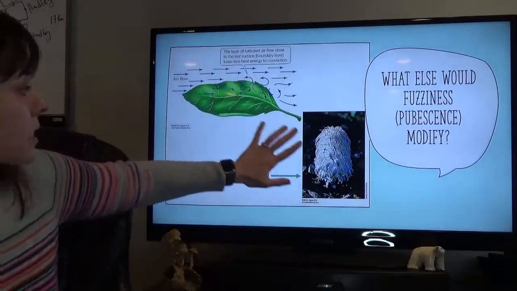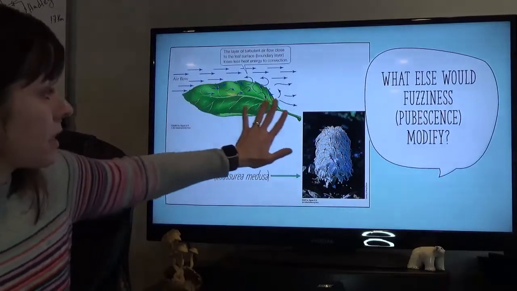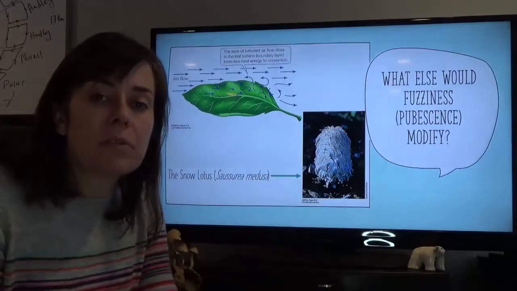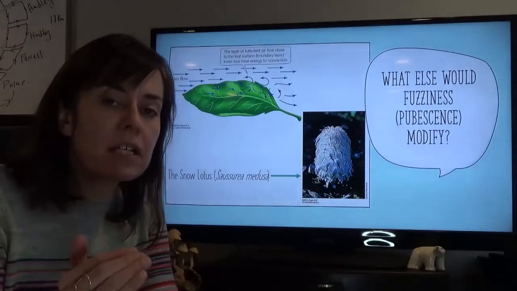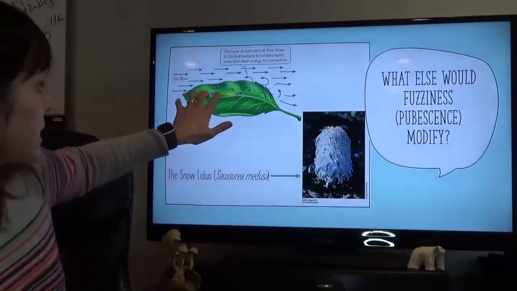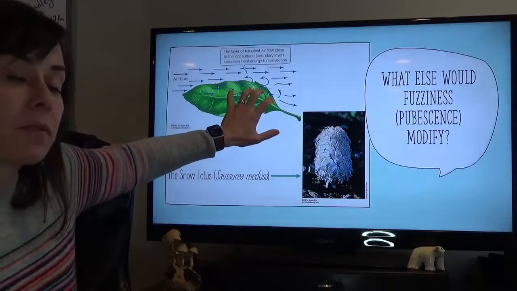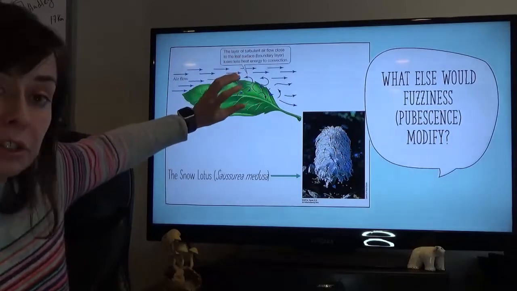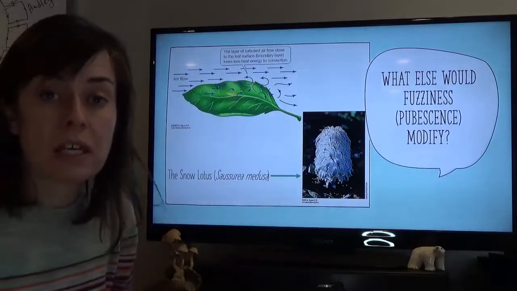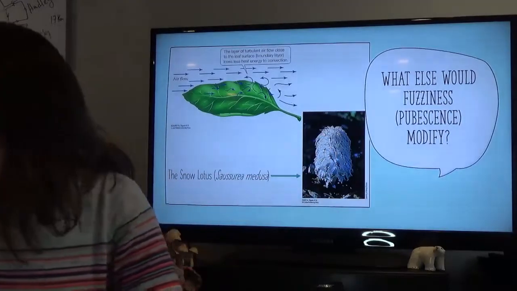By having this greater hairiness, instead of a nice smooth leaf surface that air moves across really readily, that fuzziness helps to decrease the convective heat loss. It increases the boundary layer. So you have air that's flowing across here. The rougher your surface on the leaf or the plant, the thicker the boundary layer, and the slower the air that moves across the surface. So that reduces convective heat loss and keeps this plant just a little bit warmer.